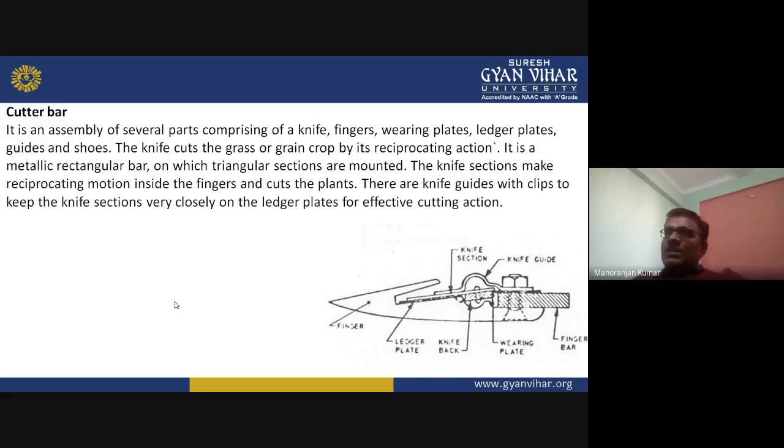The knife cuts the grass or grain crop by its reciprocating action. It is a metallic rectangular bar on which triangular sections are mounted. The knife section makes reciprocating motion inside the finger and cuts the plant. There are knife guides with clips to keep the knife section very closely on the ledger plates for effective cutting action.